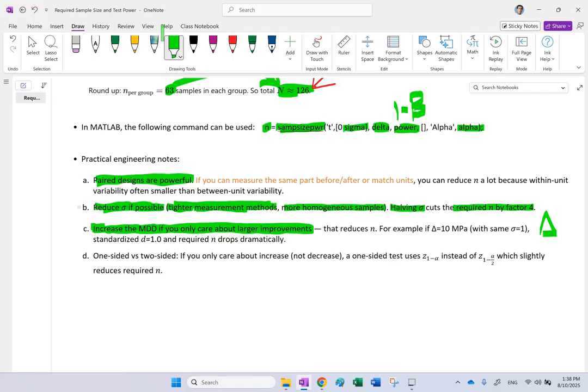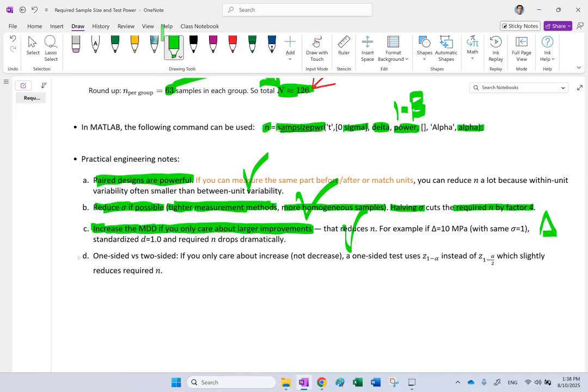So this is a costly option. It means your manufacturing is costly, but your quality control can take advantage of that. Here, again, it depends on whether your measurements are destructive or not. This one depends on how much you care about calling a result significant or not.